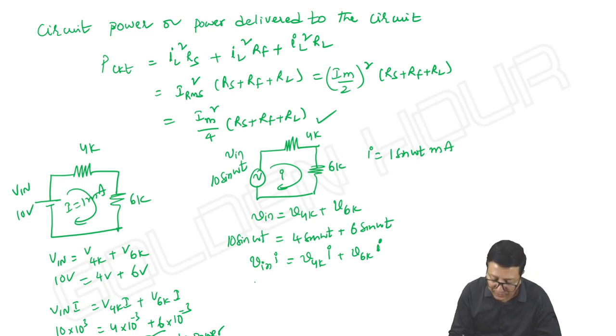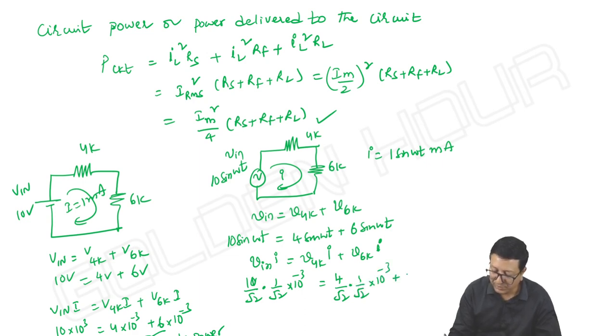So V input, its RMS value is 10 by root 2 into 1 by root 2 milliampere. It is equal to 4 volts, 4 sin omega t means 4 by root 2 is its RMS value, and RMS value of current is 1 by root 2 milliampere. Next, it is 6 by root 2 into 1 by root 2 milli.